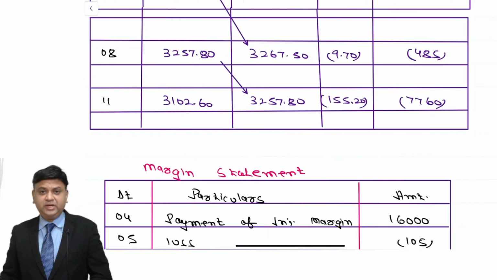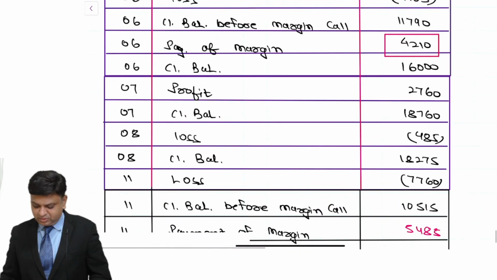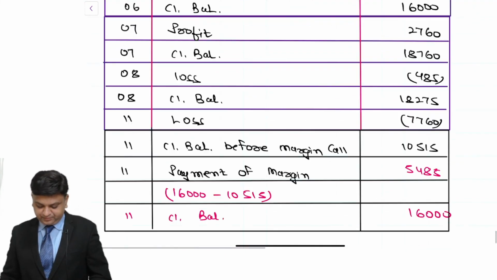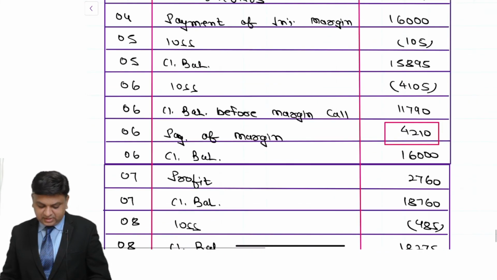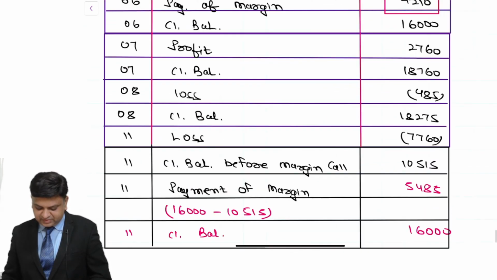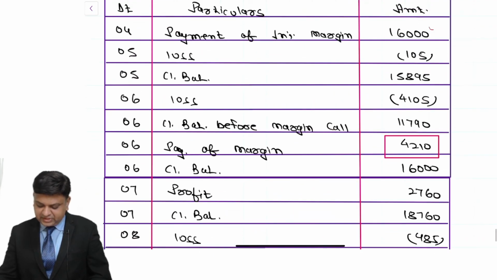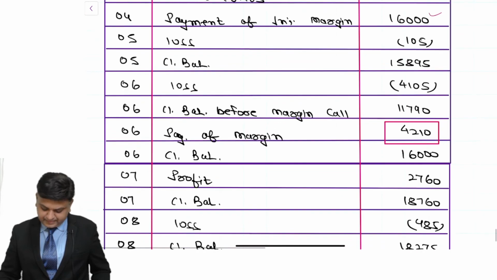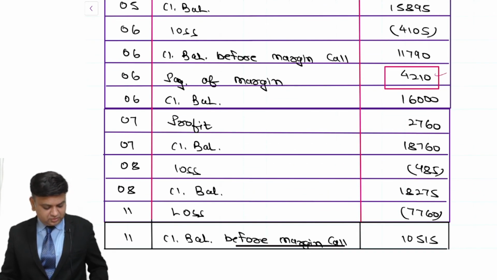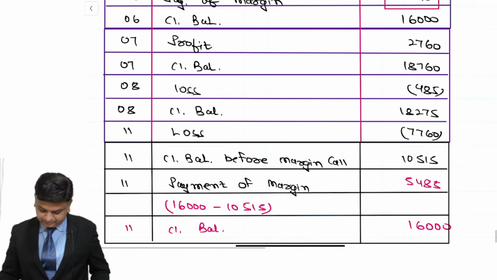Over here there is no intermediate cash flow. So you can very well understand that there is cash inflow, and cash outflow is definitely there. So the amount of the loss that we have already found is 9695. Let us verify it. Payment of the initial margin, use your calculator, 16,000. Then again you have made payment of margin 4210, so plus 4210.